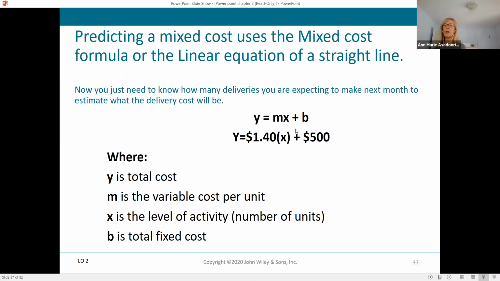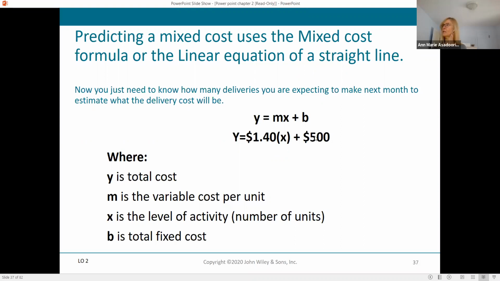Right? In order to get total variable cost, it's variable cost per unit times expected volume. We know how to calculate a variable cost, right? We learned last class, variable cost per unit is constant. All I need to tell you here is how many deliveries are we expecting to make, because that will tell me my total variable cost.